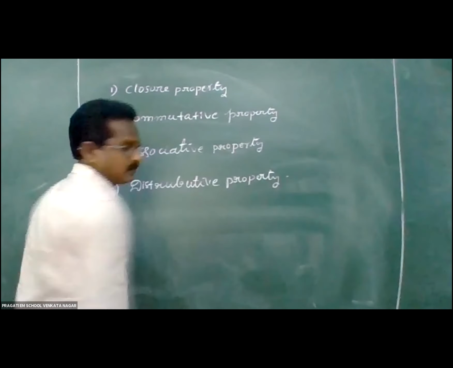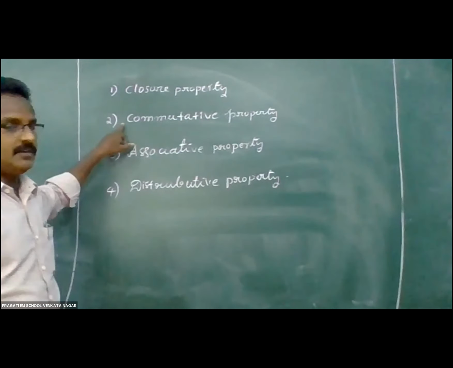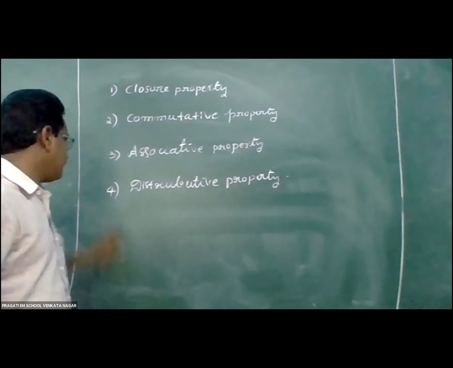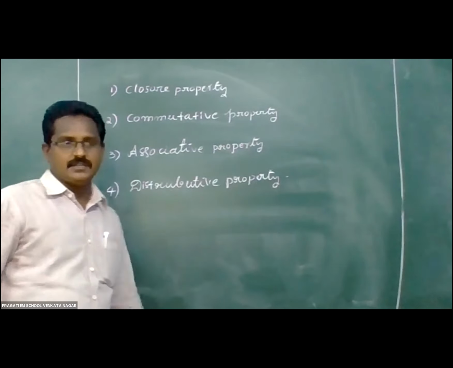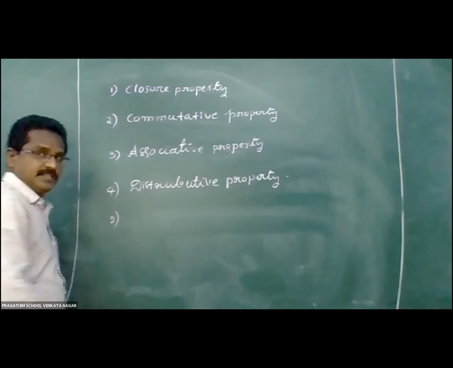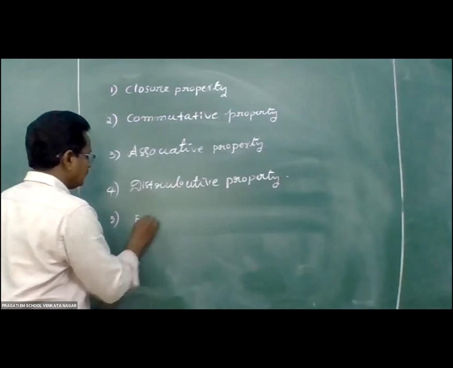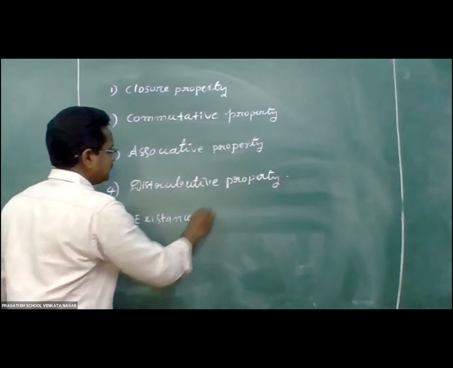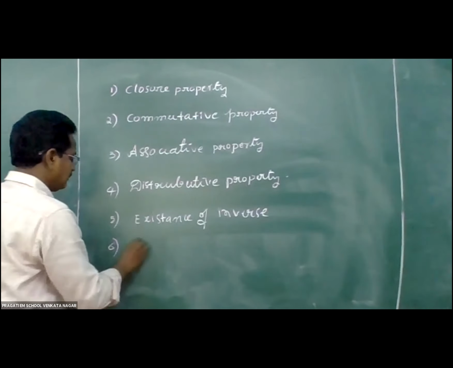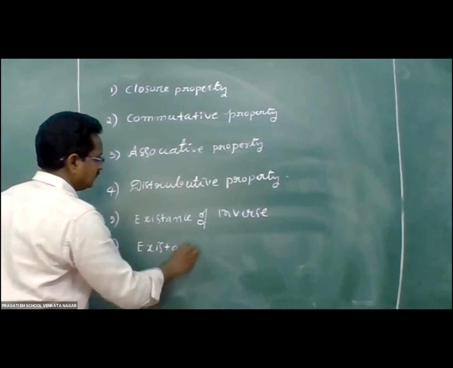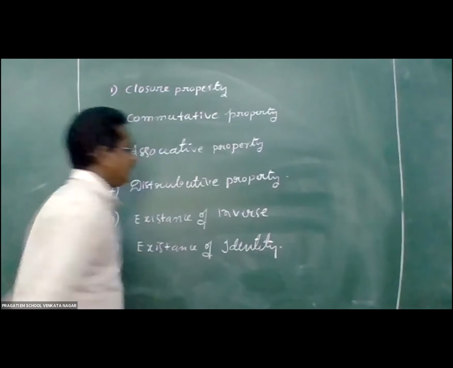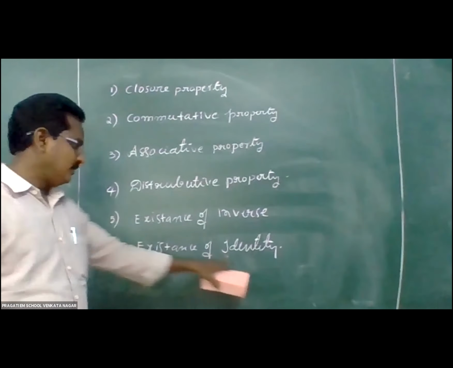Yes, children, look at the board. Closure property. Second one is commutative property. Next one is associative property. Next one is distributive property. Still we have some more properties: existence of inverse and existence of identity.